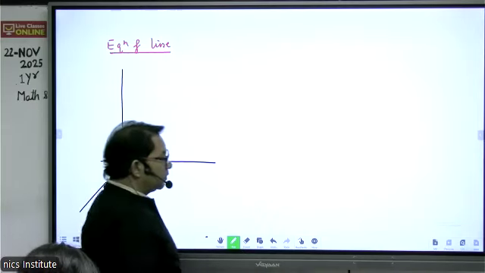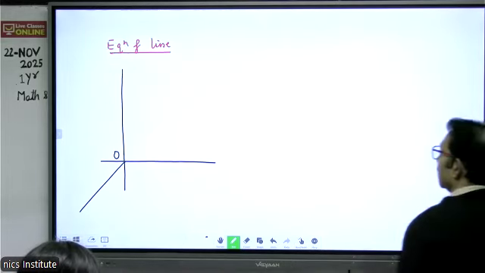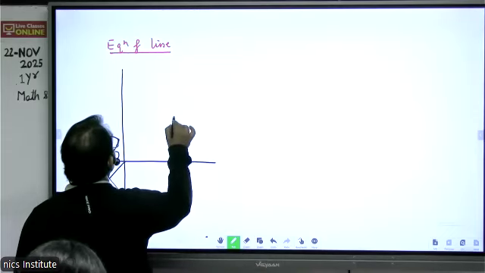This is a three-dimensional coordinate system. Suppose there's a line which passes through a given point.